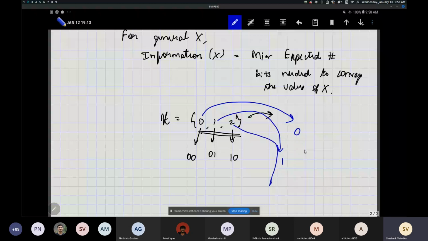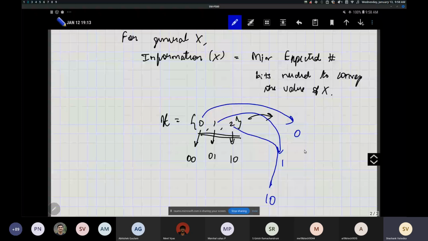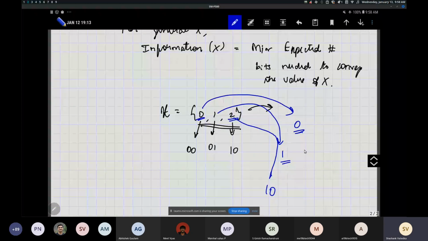1 could be represented using maybe 1, and 2 could be represented using 1, 0, right? So if I want to convey that the outcome was 0, then I represent it using just 1 bit. If the outcome is 1, then I represent it again using 1 bit, which is a 1. If the outcome is 2, then I represent it using 2 bits, which is 1, 0. Right. So in this particular case, what is the expected number of bits which is needed to convey the value of X?